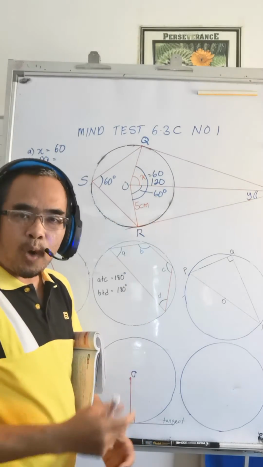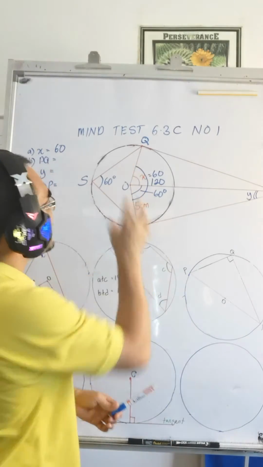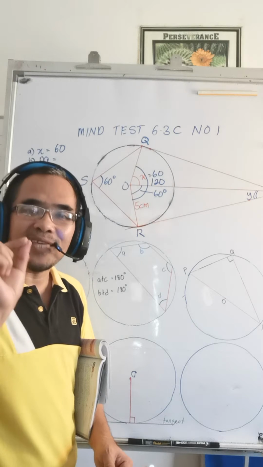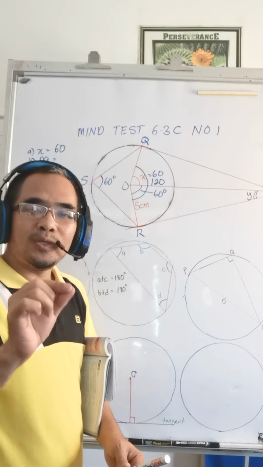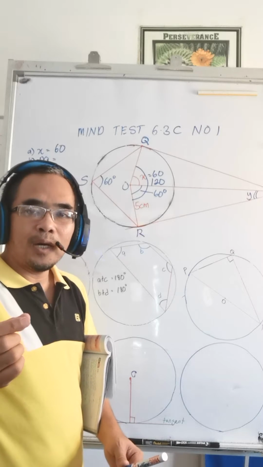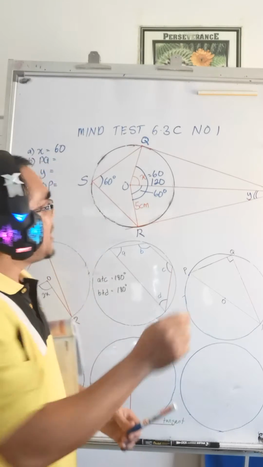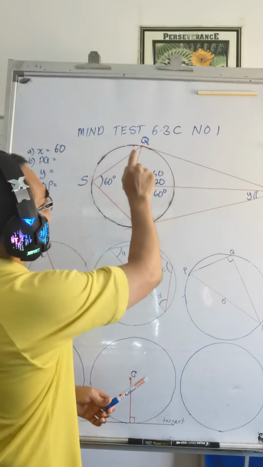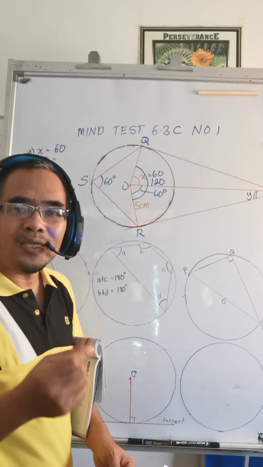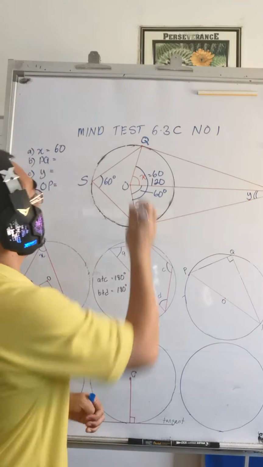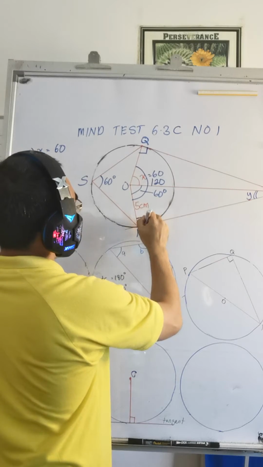In my drawing I will not get exactly 90 degrees because I could not pinpoint the center exactly. But if you can pinpoint the center, the line from the center to the tangent will always create an angle of 90 degrees. So both of these two sides will be 90 degrees.